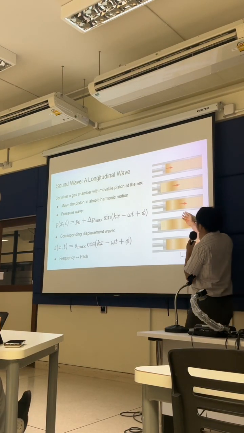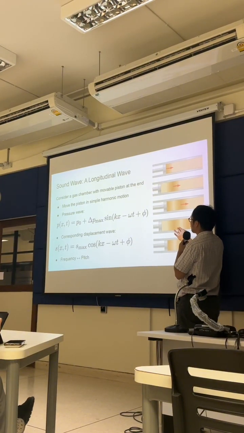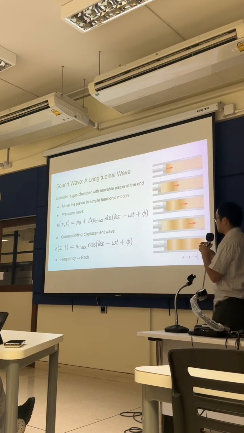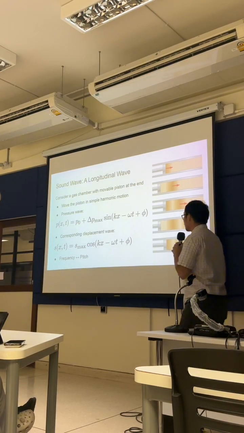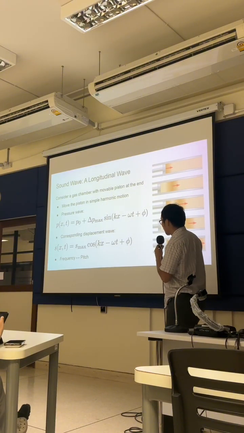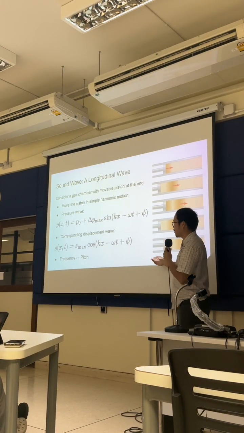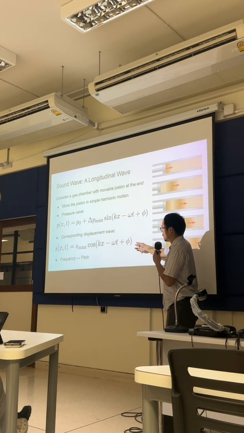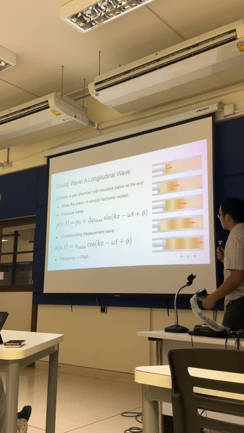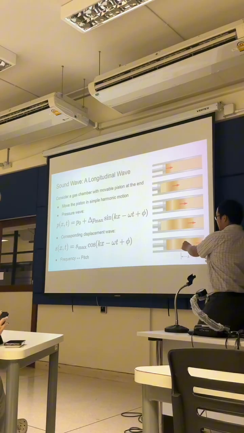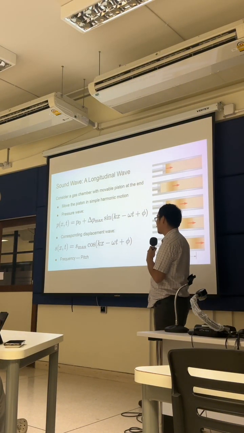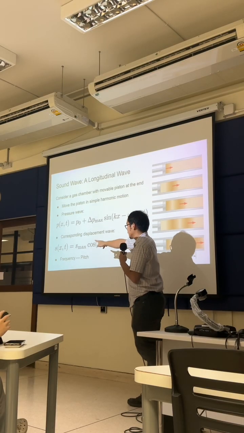If you are right between a high pressure and a low pressure region, that is when you are forced to move the most toward the high pressure direction. So this S is the displacement in the x direction of a gas molecule, or rather an average gas molecule at each position x and time t, right? So if you have a gas molecule at x, its actual position at time t will be x plus s, right?